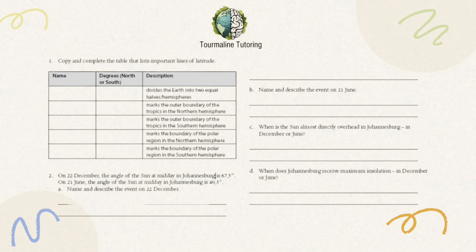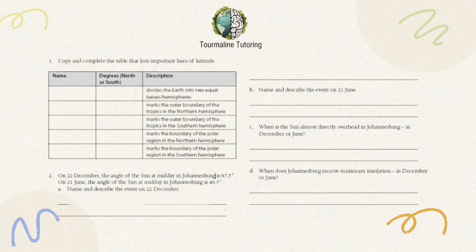The description is that it's the summer solstice because the sun is directly over the Tropic of Capricorn, and also the sun is at its highest point in the sky at midday, and this marks the longest day of the year in the southern hemisphere.